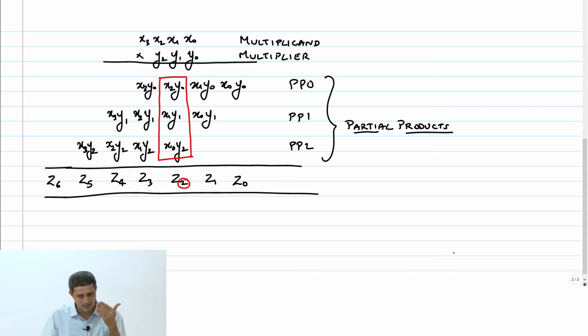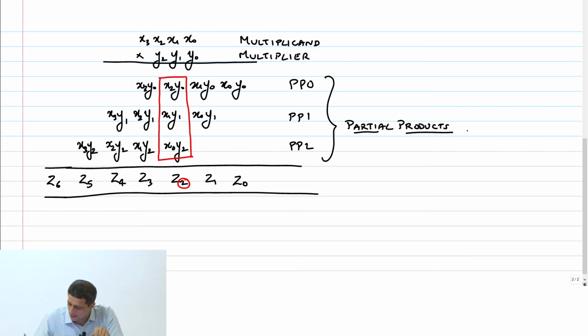So if x is m bits and y is n bits, how many partial products will I have? Yeah, n, right? Basically as many as there are bits in y, as many as there are bits in the multiplier.